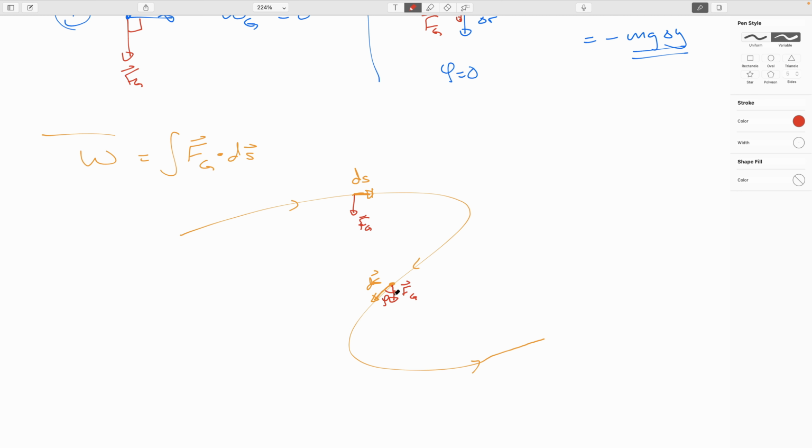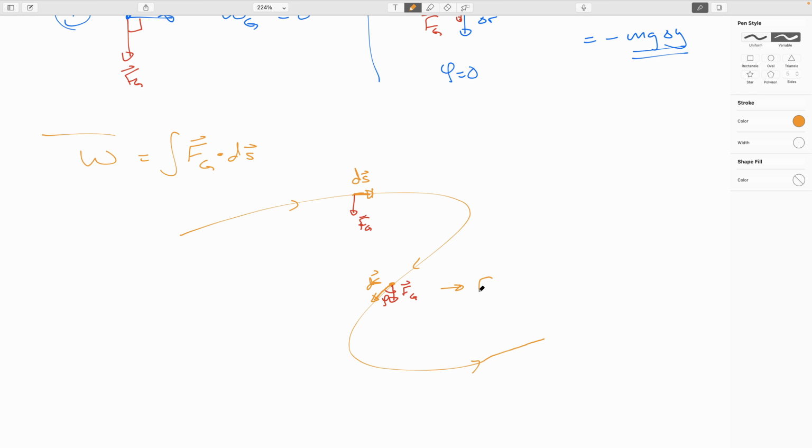So what's going to be happening as we go along and add up all the possible ds's all the way along this god-awful looking path is we're going to evaluate what F dot ds, the force of gravity dot ds, looks like for that step. Well, we can do that actually.